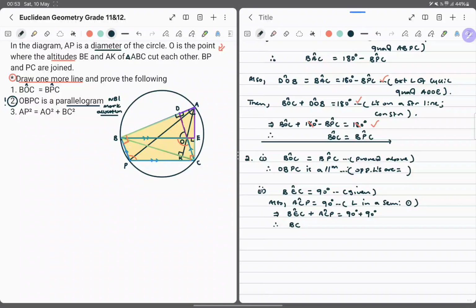So we know that BEC plus ACP is 180 degrees. Okay, so therefore we can make a conclusion that BO is parallel to PC. Okay, we can say co-interior angles.